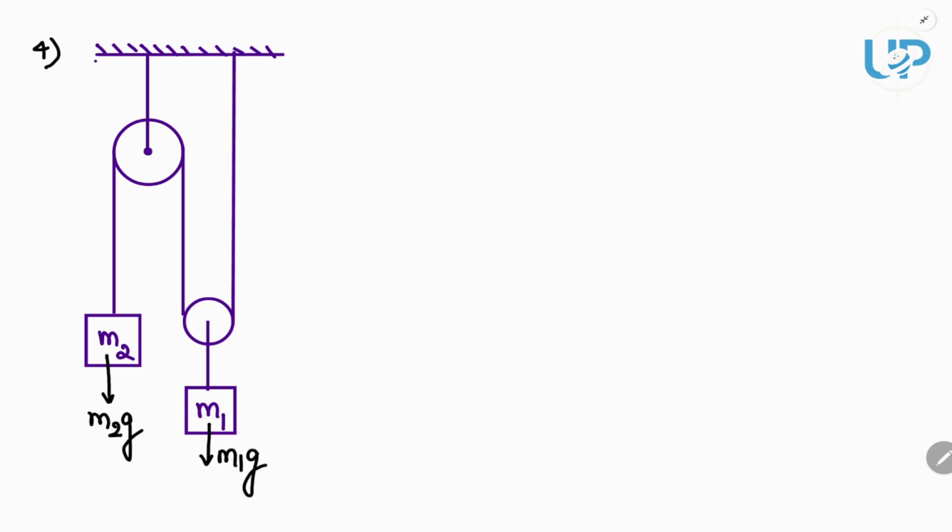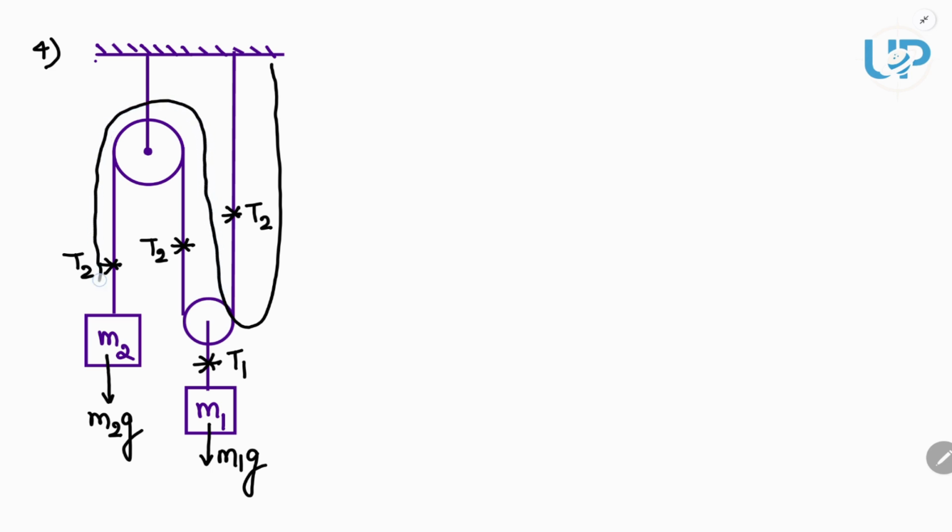This is a single string which has a tension T1, but you can see this string goes throughout, from the first pulley to the second pulley. For this whole string, the tension will be the same. Why is it so? Because the string is the same and the pulley is massless.